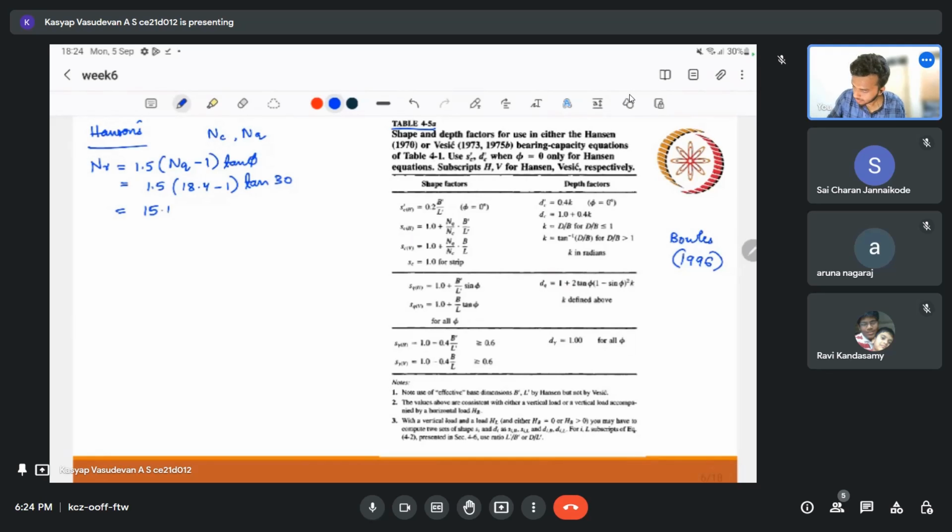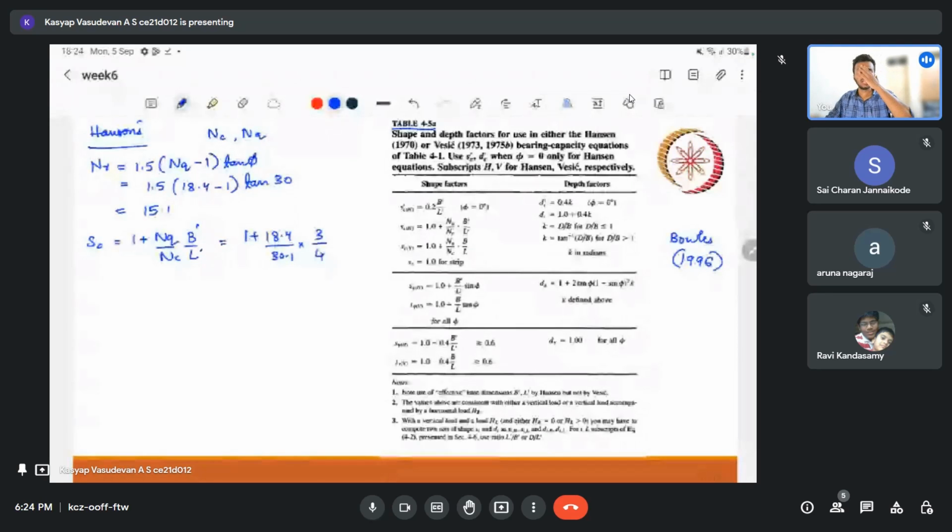Now the other things are shape factors and depth factors. Shape factor Sc is equal to 1 plus NQ by NC into B dash by L dash. NQ is the same as Meyerhof, that is 18.4 divided by 30.1, into B dash by L dash, which is 3 by 4.